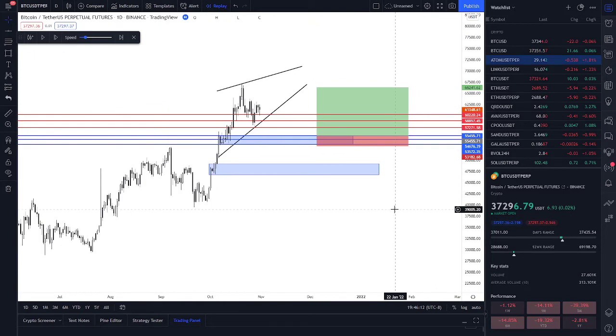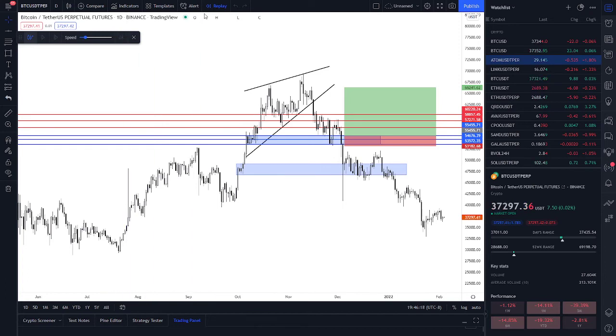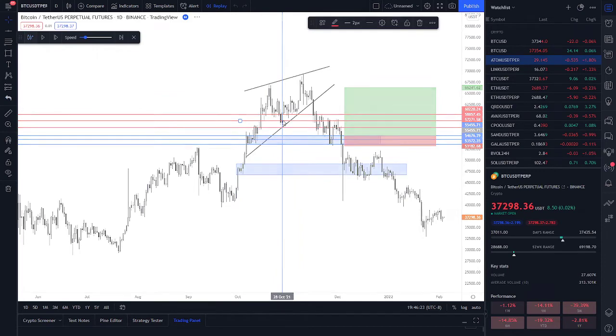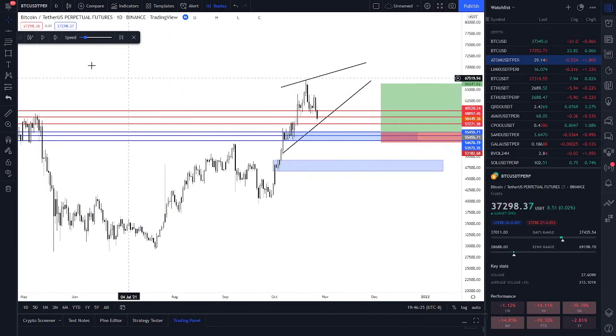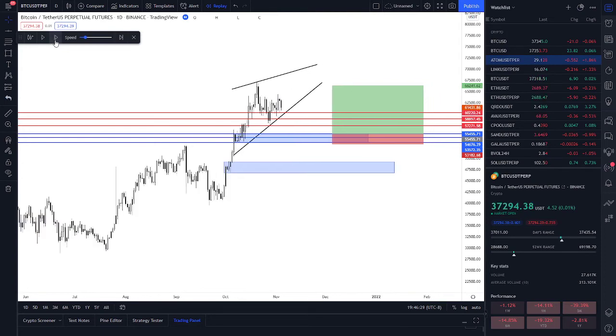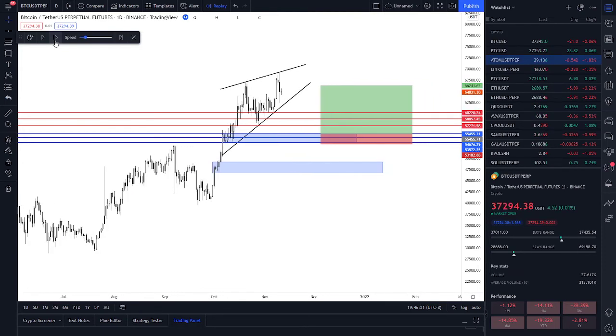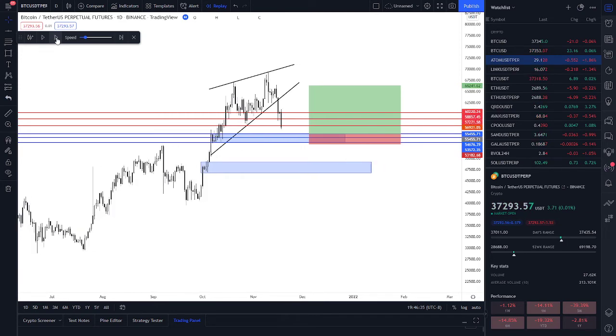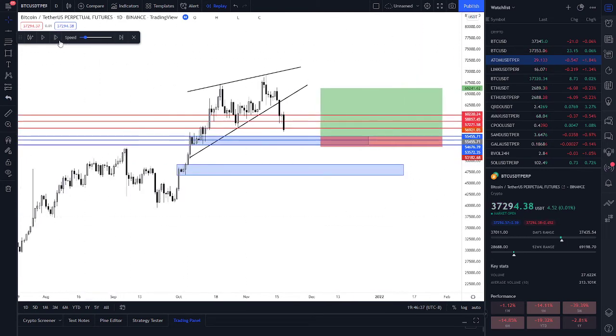So we're using these two demand zones. Let's speed this up. Okay. We're going up. We reject off the top trend line. Breakdown, right?